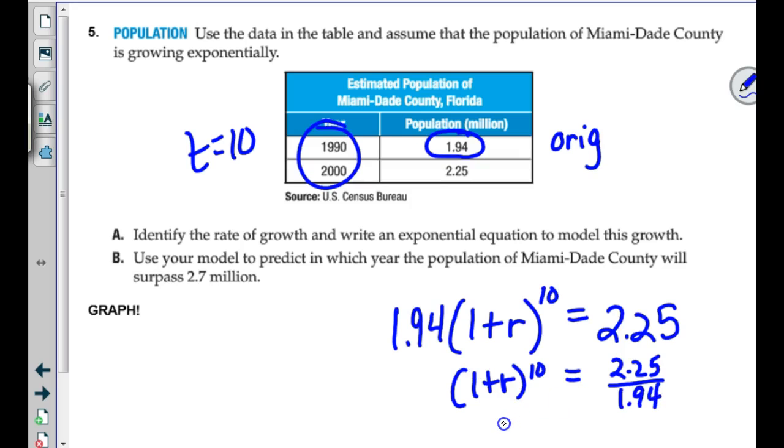And I don't even care what it is yet. How do we get rid of to the 10th power? 10th root. Is there a better way to do that? To the 1/10th power. Perfect. And that'll leave us 1 plus r.